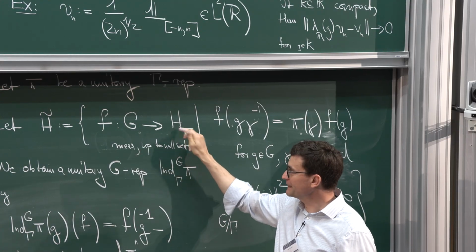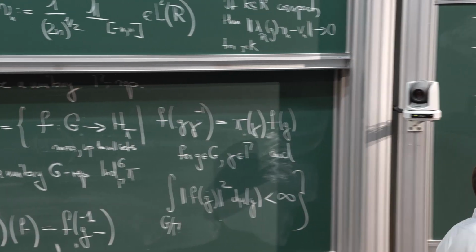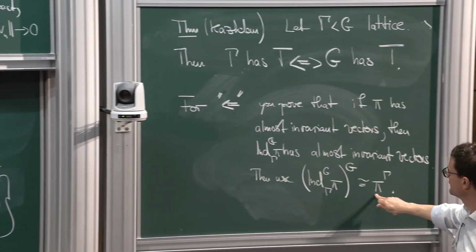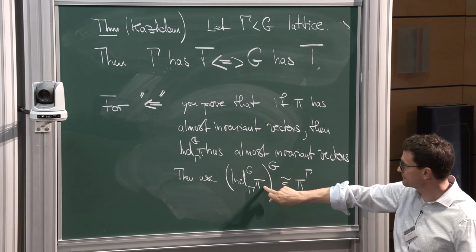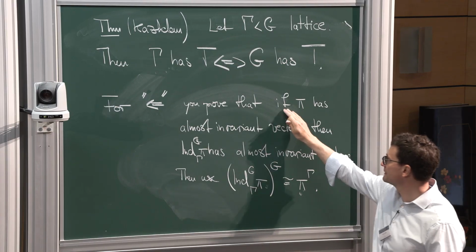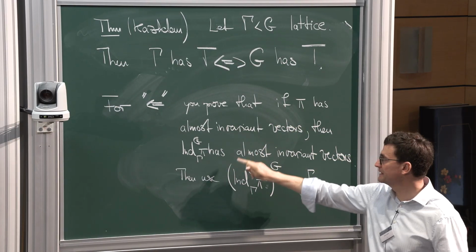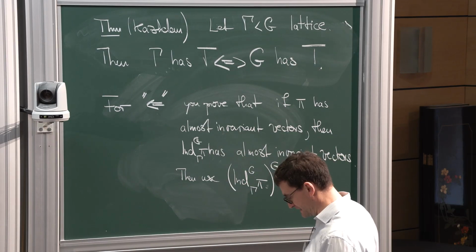So constant functions corresponding to a vector in H_pi, but because you still have this gamma condition, these are actually gamma invariants. So you use then property T for G to conclude this is non-zero. It takes a little bit of effort to actually prove that, but this is how you use the unitary induction.